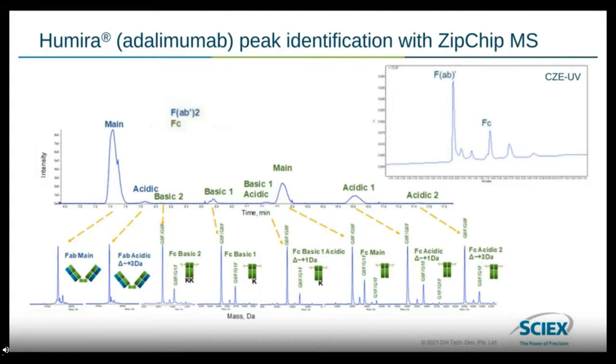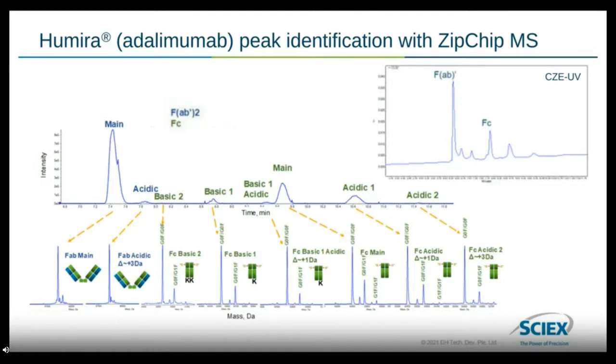Then we have the Fc basic, which is a double lysine variant. The second Fc basic is the single lysine variant. And then we have another acidic peak, and then the main Fc peak, and then 2 more acidic variants.